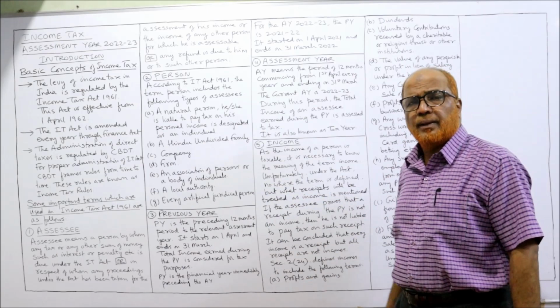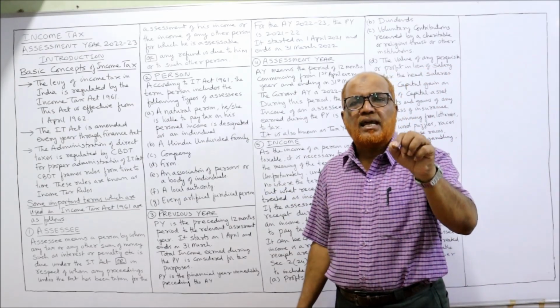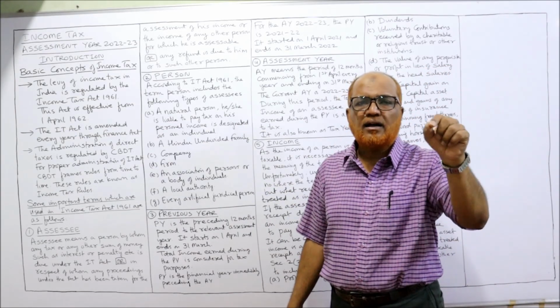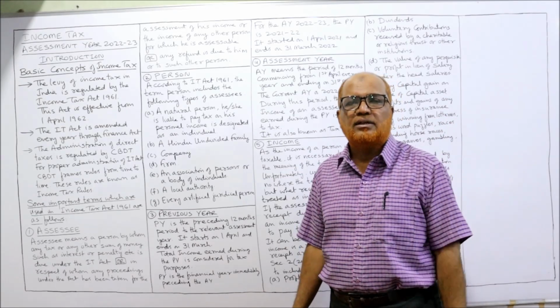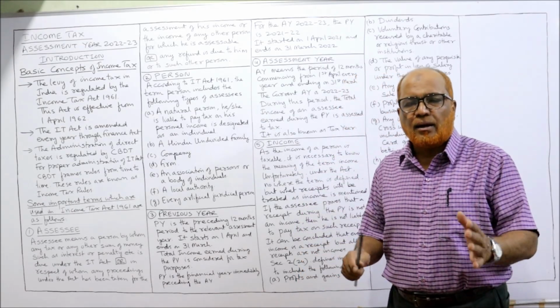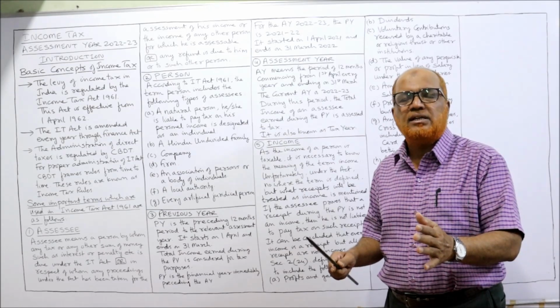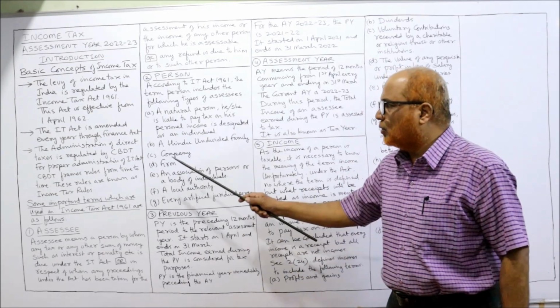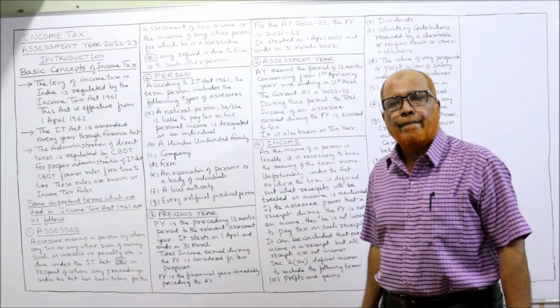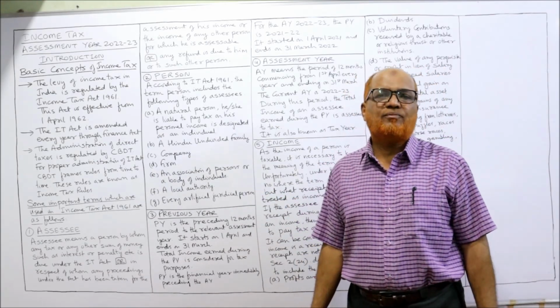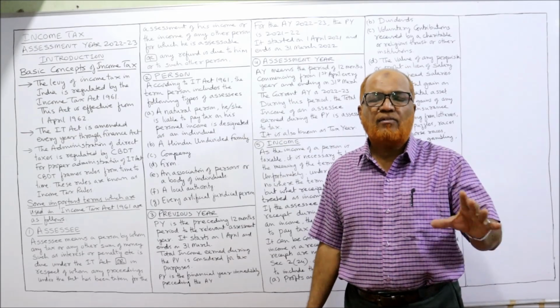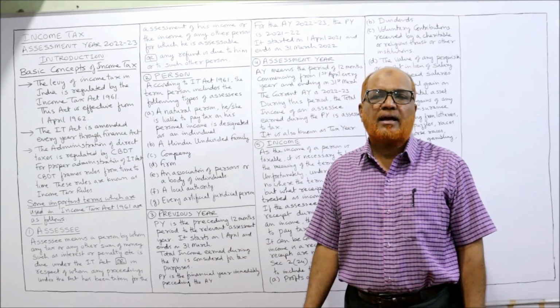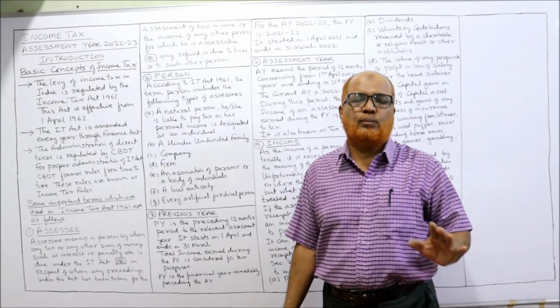Next comes company. Any company which is registered under the Companies Act 2013. In India, the Companies Act 2013 is there. In that, all the companies registered will be known as company. Firm. Firm means a partnership firm which is governed by the Indian Partnership Act 1932.